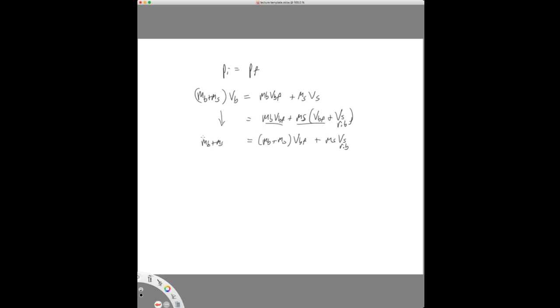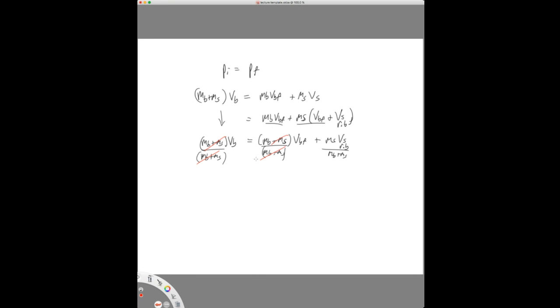And that's what we have now. Left-hand side is the same. And what I'm going to do is divide both sides by mass of the boat plus mass of the stone, because when I do that, a lot of things are going to cancel.